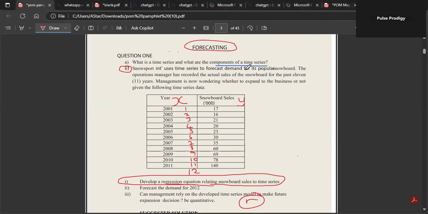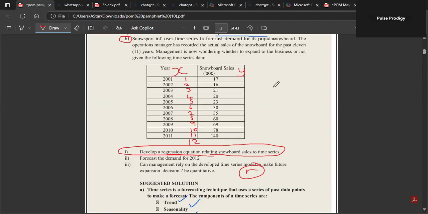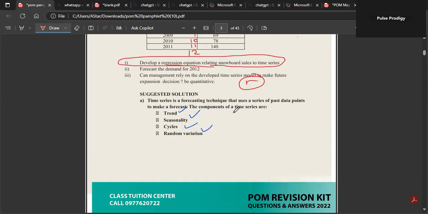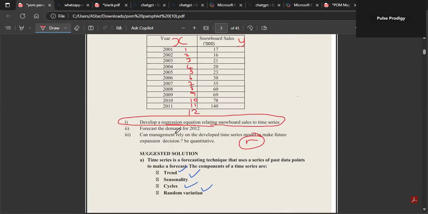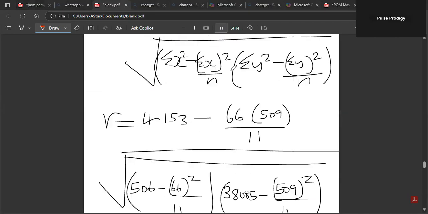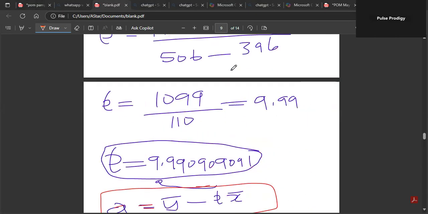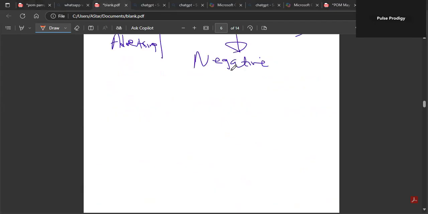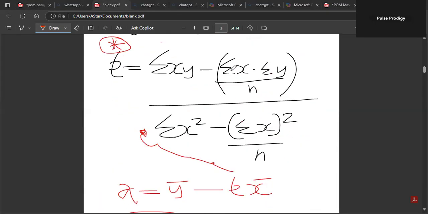Under forecasting, you look at the components of forecasting and X and Y. The components are trends, seasonality, cycles, and random variation. And of course, we predict the regression equation by solving using the formulas. We started by identifying X and Y, so don't swap the two.